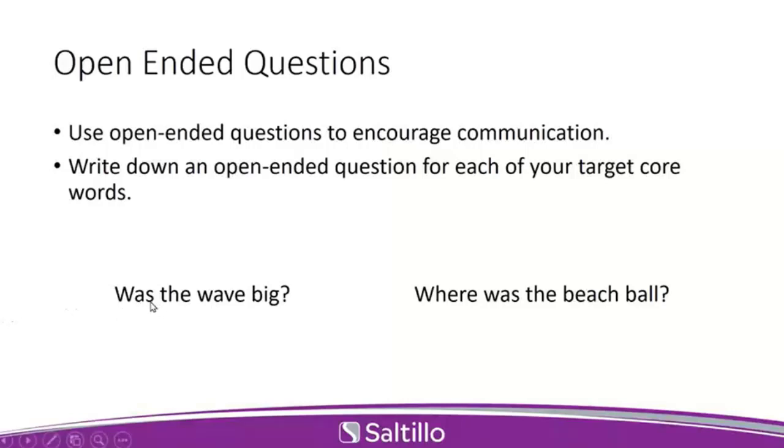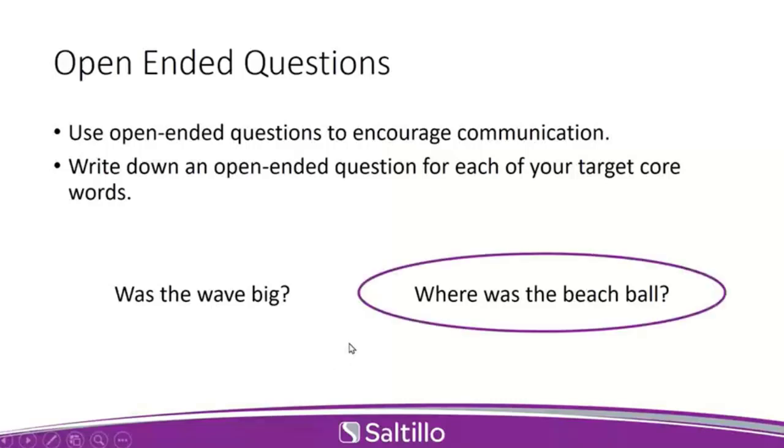So quick quiz, which one of these is an open-ended question? Was the wave big, or where was the beach ball? I see a vote for number two. You are right. And the other nice thing with an open-ended question is there are lots of possibilities for answers. We don't have to know what they're going to say. We can give them the opportunity to be more creative and create more novel utterances.